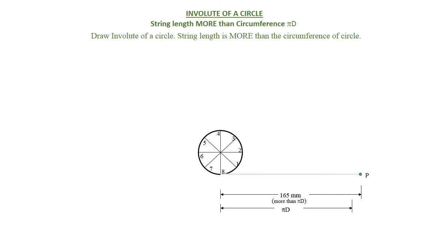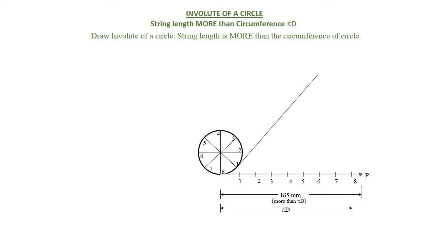Along this string we mark the pi d distance, equal to the circumference of the circle, and divide it into 8 equal parts, not the whole string but only the length equal to the circumference of the circle, naming them 1 2 3 4 5 6 7 8.